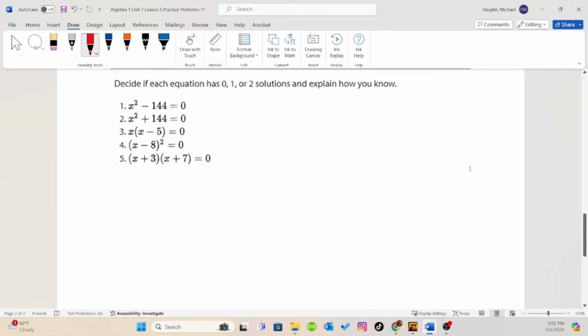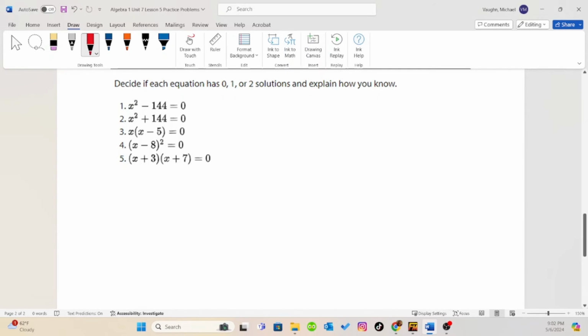This brings us to our last practice problem for Lesson 5. Decide if each equation has 0, 1, or 2 solutions, and explain how you know. So on number 1, we have x squared minus 144 equals 0.